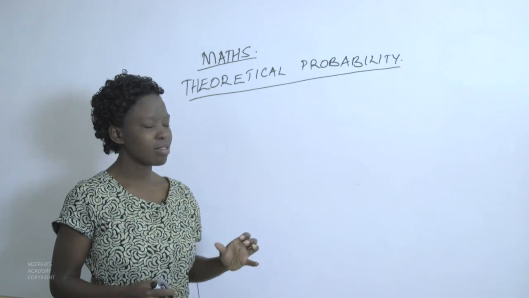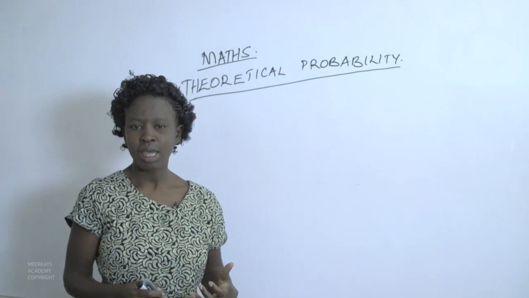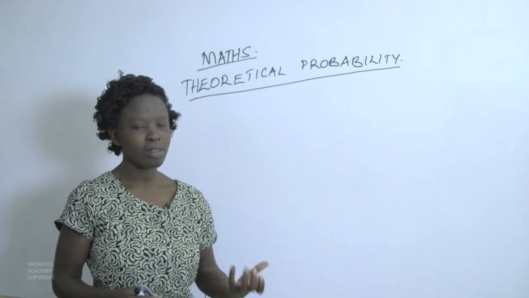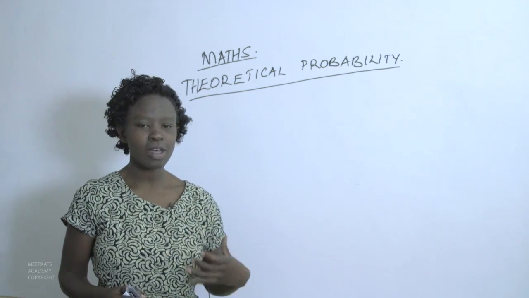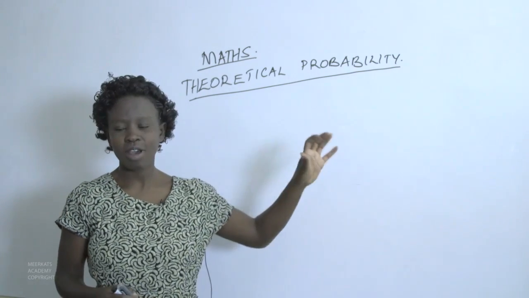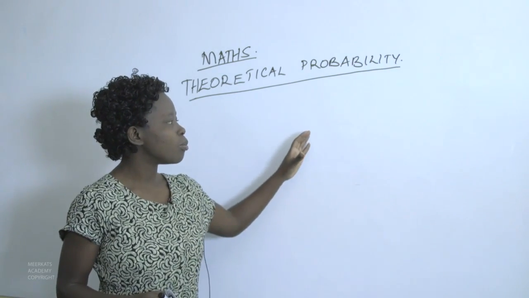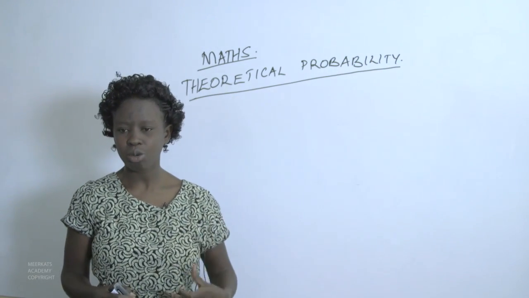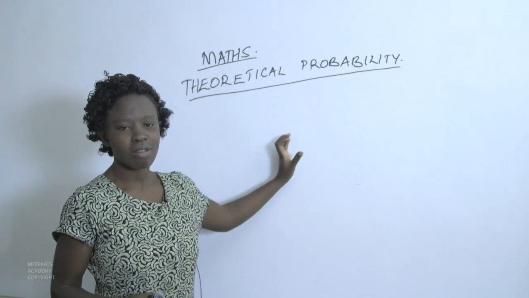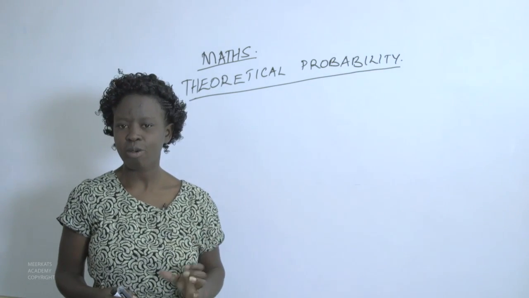There is a chance, like for instance, when you are tossing a coin, it definitely has two sides, the head and the tail. So if you are tossing that coin, then it is expected that the probability of having a head is 1/2, then the probability of having a tail should also be 1/2, because these two events of tossing a coin have equal chances of occurring.